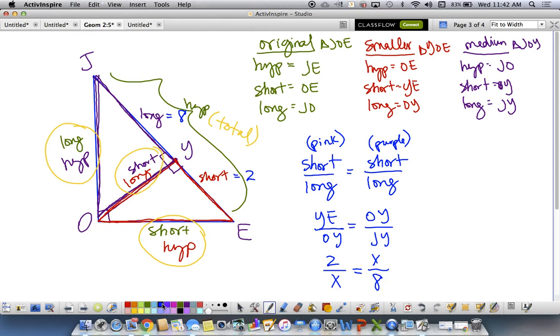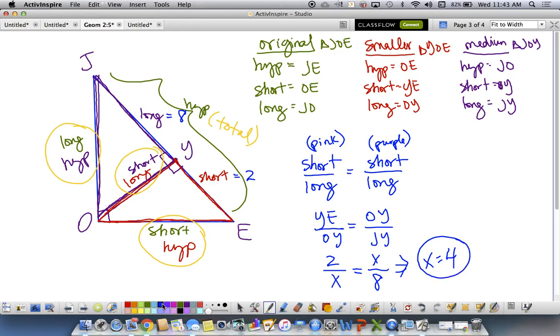Can we find the length of OY? What are we going to do? Are we going to cross multiply? If we cross multiply, we get X squared equals what? 16. So X equals 4.